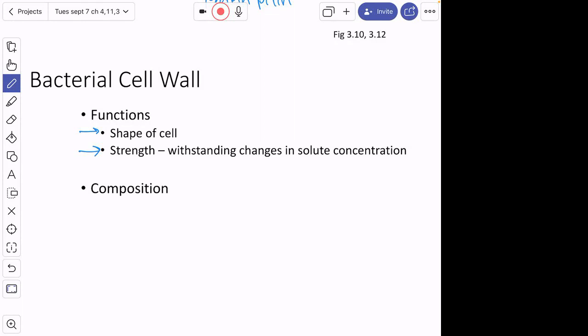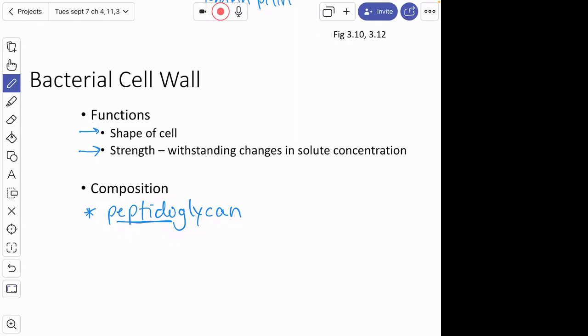Composition of the cell wall. We're going to spend some time on that. Like I said, all bacterial cells that have a cell wall are going to have peptidoglycan in their cell wall. Whether they have a lot of it or a little, they're at least going to have some peptidoglycan. So what is that? It's a polymer of just what it sounds like. So the prefix there, peptido, that should make you think peptide.